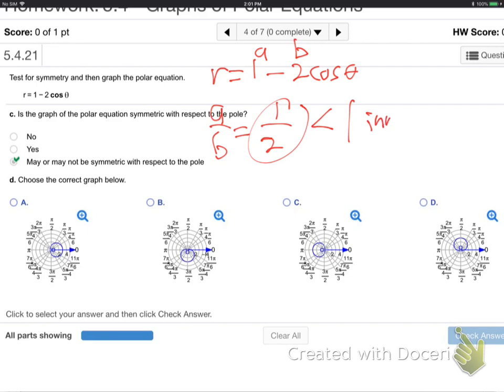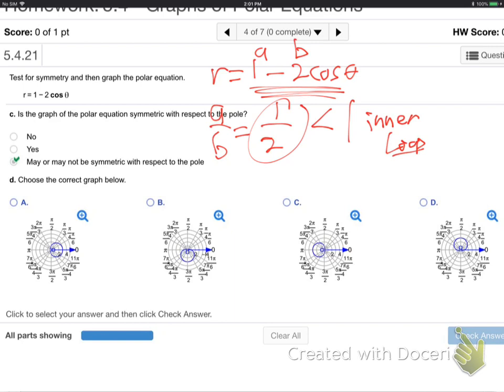That means inner loop. Now we just have to think about sine and cosine. This is cosine. So what do you think about cosine? Cosine going right or left? Because cosine's x. Sine's up, down. Cosine's right, left. Is this one right or left? Left.